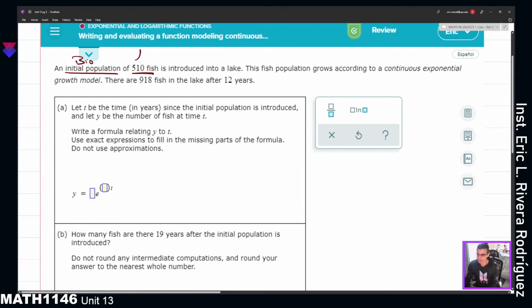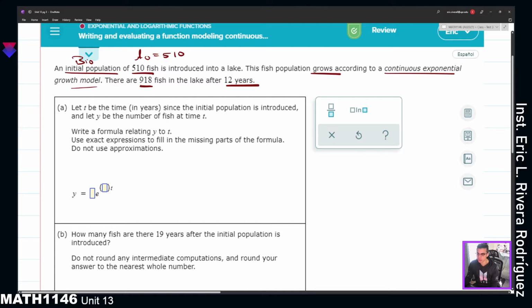The initial population is A sub 0 equal 510. The fish population grows according to the continuous exponential growth model. Second confirmation that we are working on a biology scenario. There are 918 fish in the lake after 12 years.